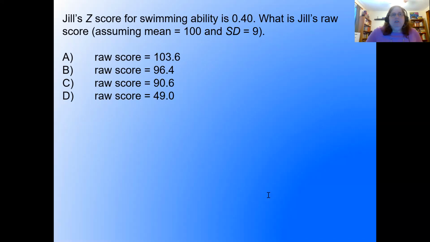So what are we doing? We're taking Z times standard deviation, 0.4 times 9, which gives you 3.6, and adding it to our mean of 100. 100 plus 3.6 gives us 103.6. Okay.